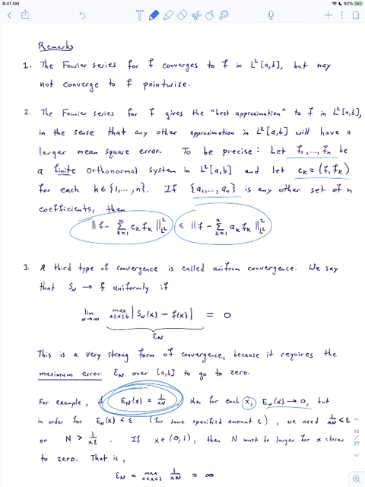But in order for the pointwise error to be less than some arbitrary, specified amount epsilon, you need 1 over xn to be less than epsilon. Or in other words, you need n to be bigger than 1 over x epsilon.